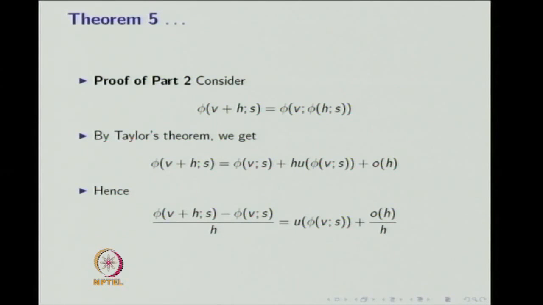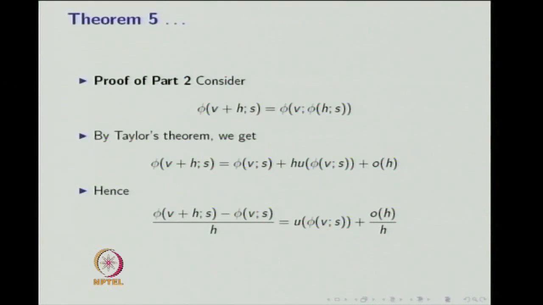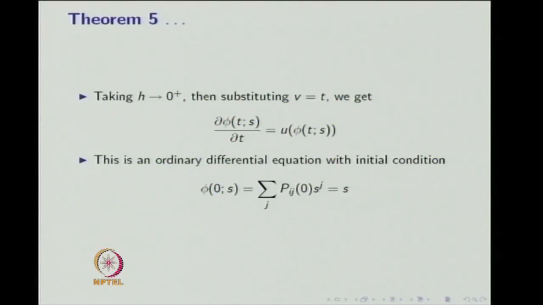Now take the limit h tends to 0 plus and then substitute v equal to t in this equation. We get the partial derivative of psi with respect to t is equal to u(psi(t, s)).